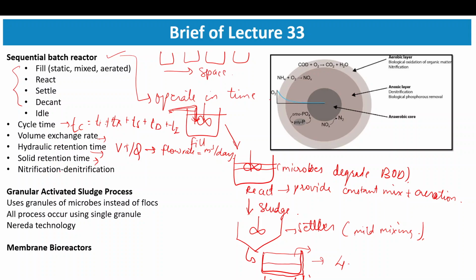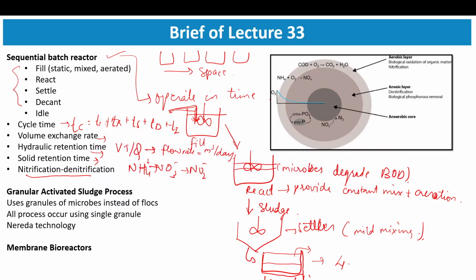Also, along with the BOD degradation, there can be nitrification and denitrification occurring. Nitrification is when, in the presence of oxygen, the ammoniacal nitrogen gets converted into nitrites or nitrates.